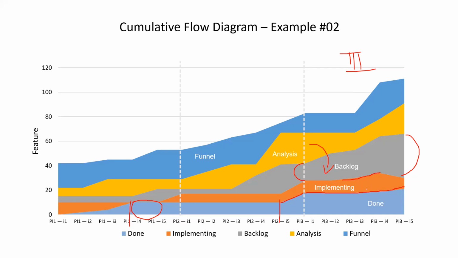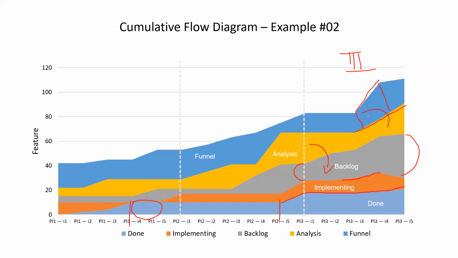And Satish, the funnel also increased, right, in the third one? See the funnel. Wow, it's crazy. The funnel is increasing. At the same time, luckily, the analysis is also increasing, which means the flow from here till here, we need to look at it like this.